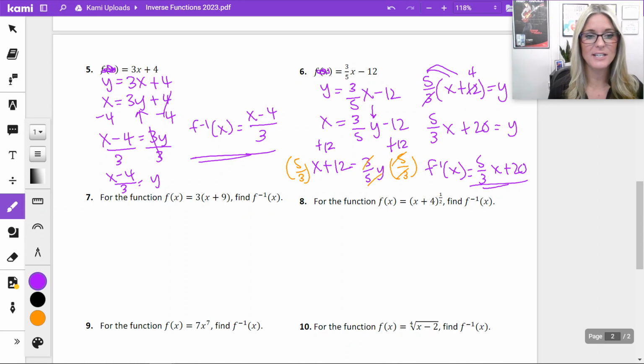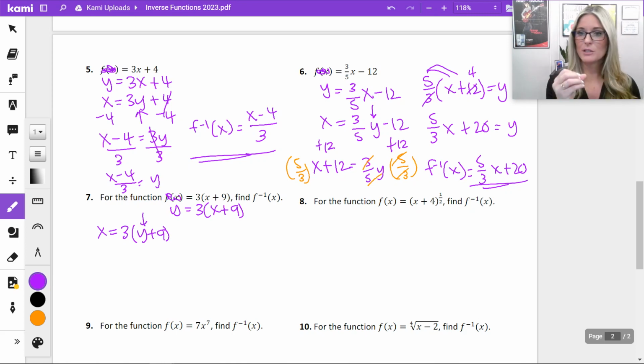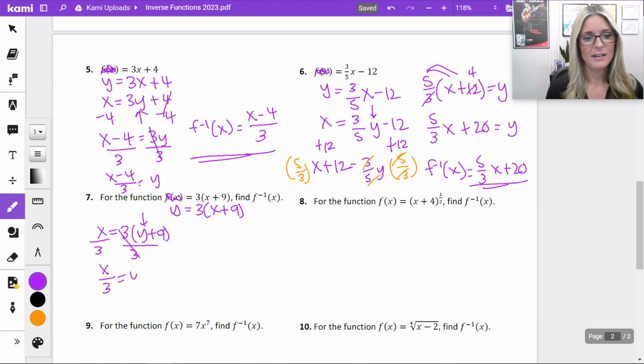Number 7, I'm going to replace f of x with y. And so we have y equals 3 times (x plus 9). Switching my x and y, x equals 3 times the quantity of y plus 9. We're going to solve for that y. It's in those parentheses. So first we're going to divide away that 3 that's being multiplied. x divided by 3 equals y plus 9.